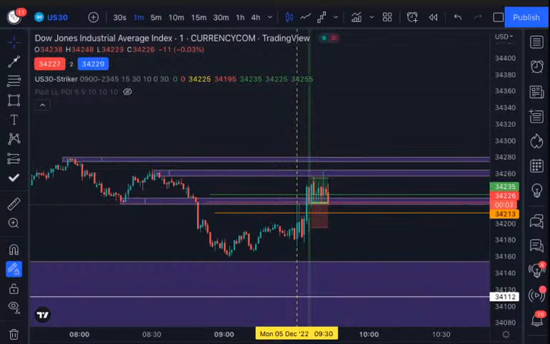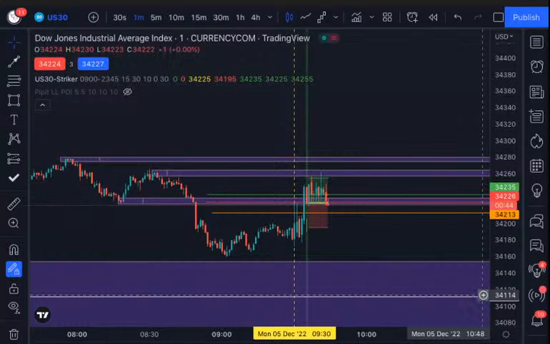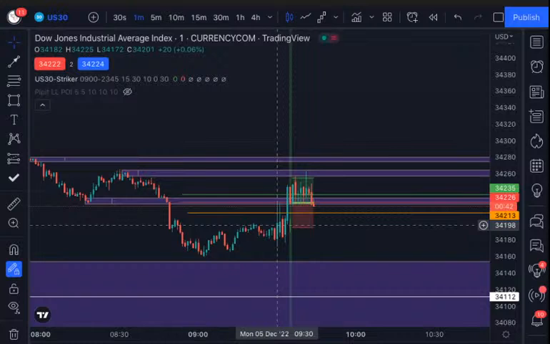It's doing a little pullback now. We'll see. And what I'm looking for is, oh shit, I think I might have too much going on my screen.